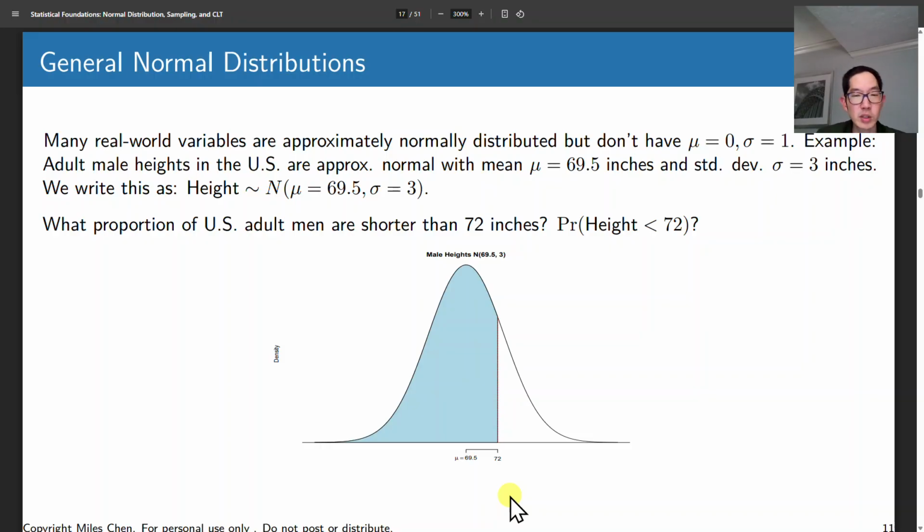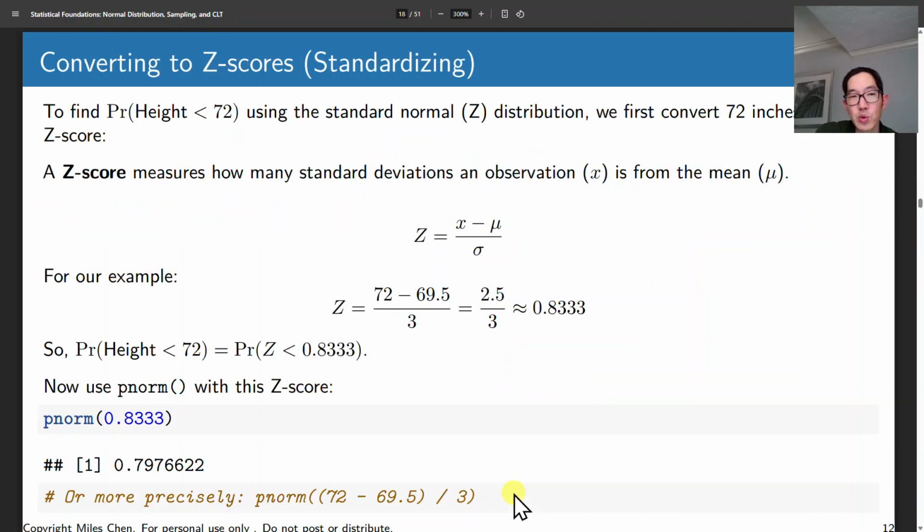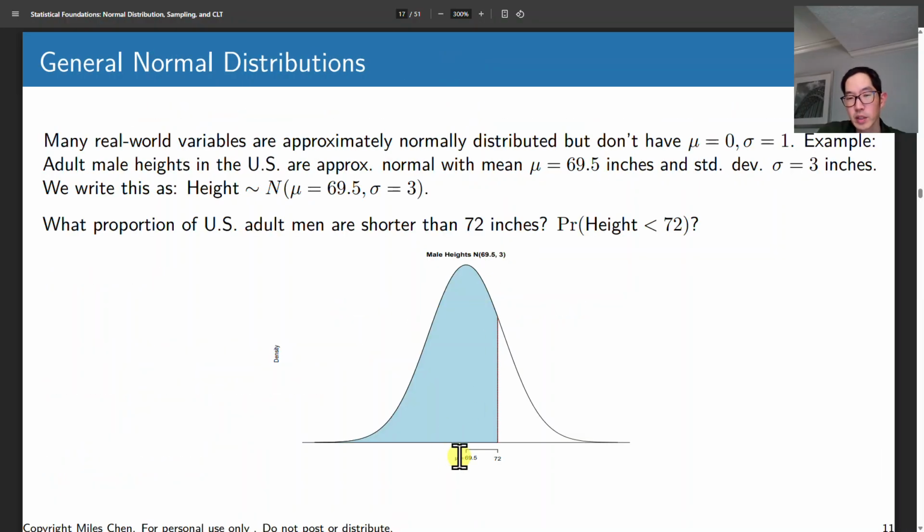So what we want to do is convert to what we call a z-score. A z-score measures how many standard deviations an observation is from the mean. Our mean is at 69.5, and our cutoff line is at 72.